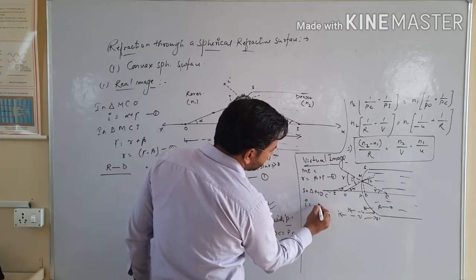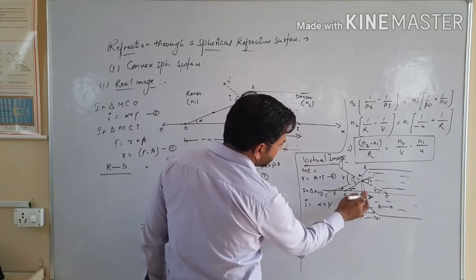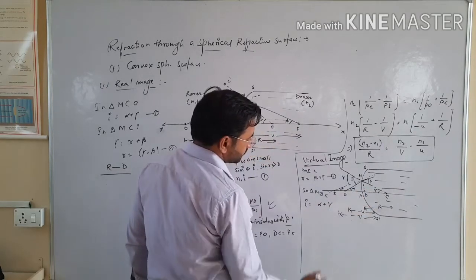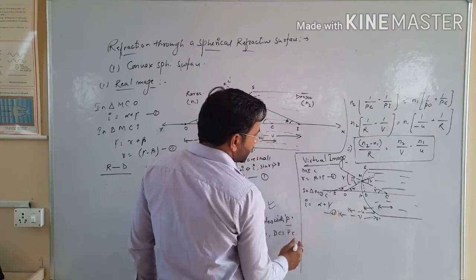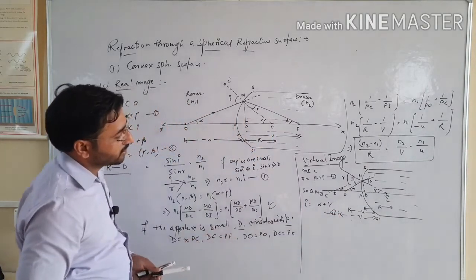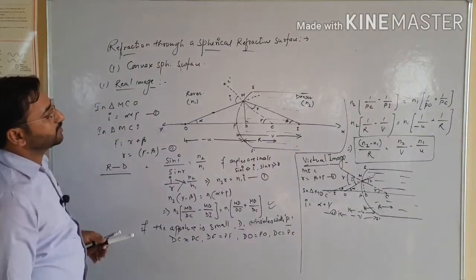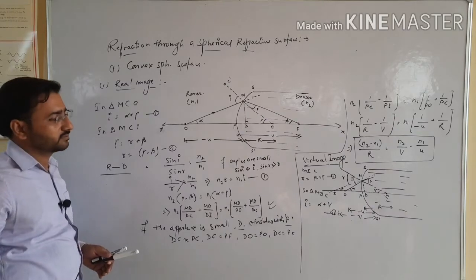Angle I is equal to gamma plus alpha. So this is your second equation, and you can derive the relationship similarly on the same pattern. So pause the video and note down.